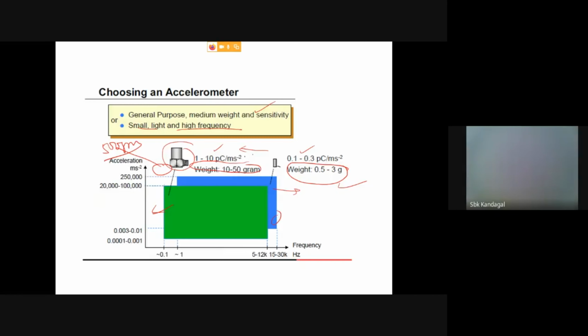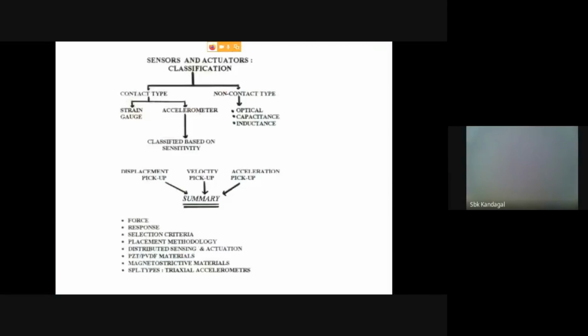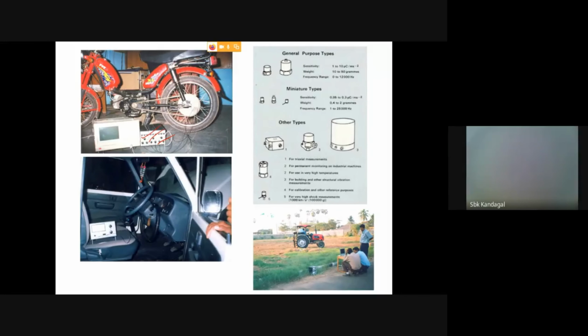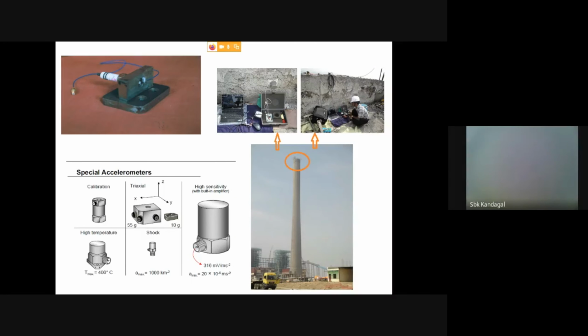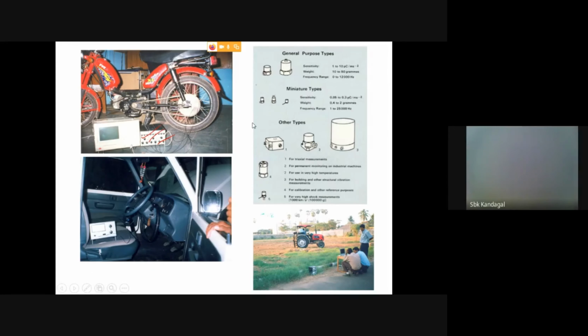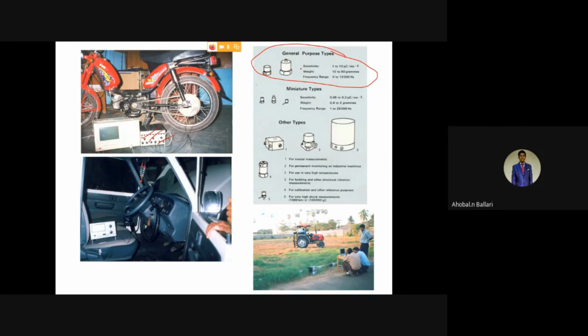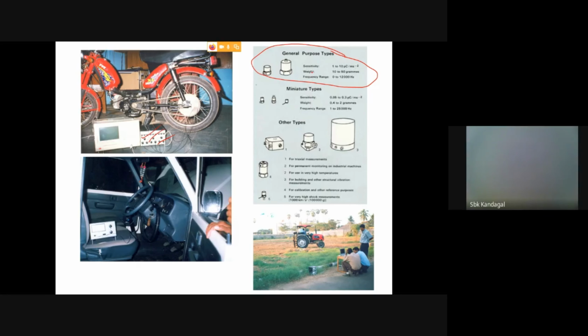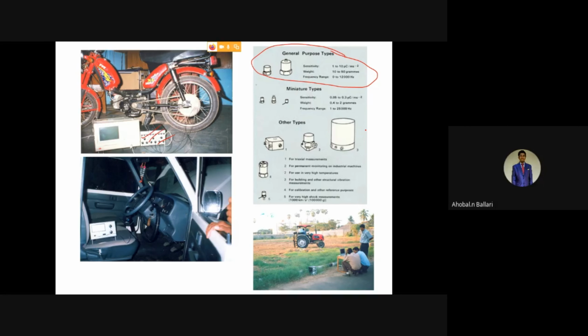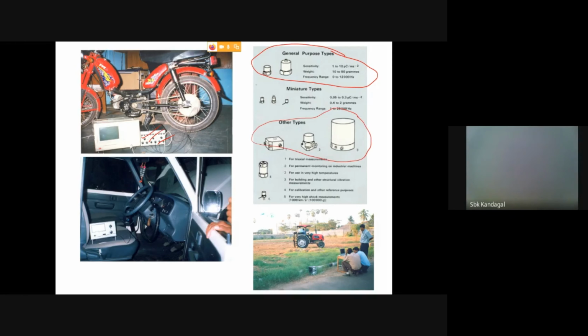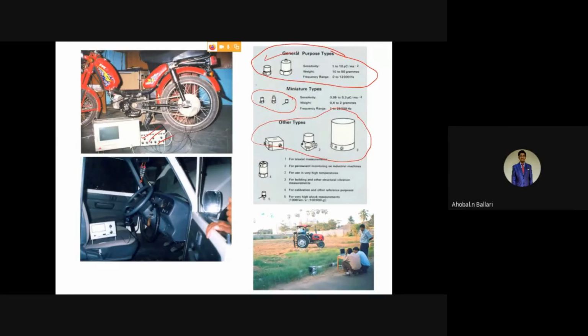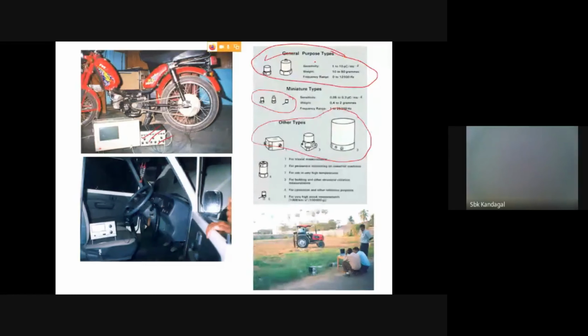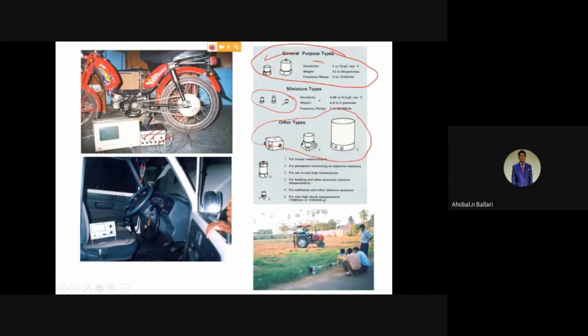Typically, for laboratory purpose, a general purpose accelerometer, as you have seen here, is quite good enough. For the field, you have the triaxial and the high sensitivity ones. And the miniature ones are for MEMS devices, small structures, etc. So general purpose accelerometers are available for lab purpose and medium structures. Thank you very much, sir.